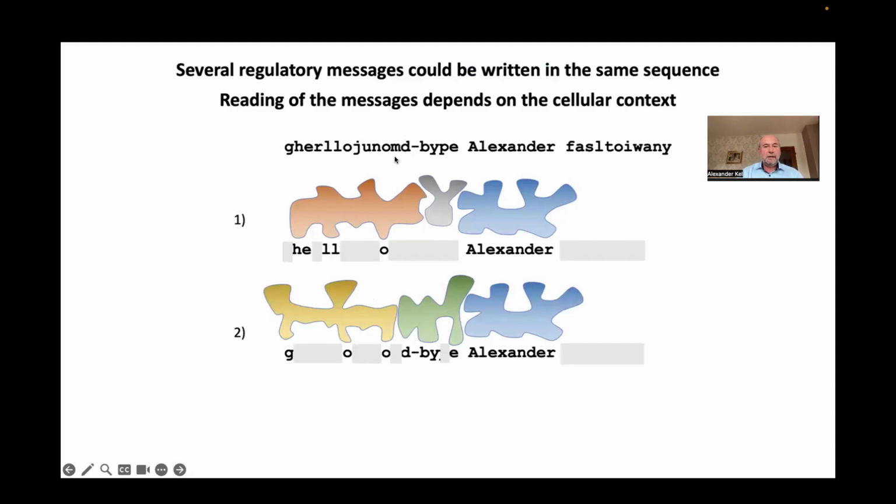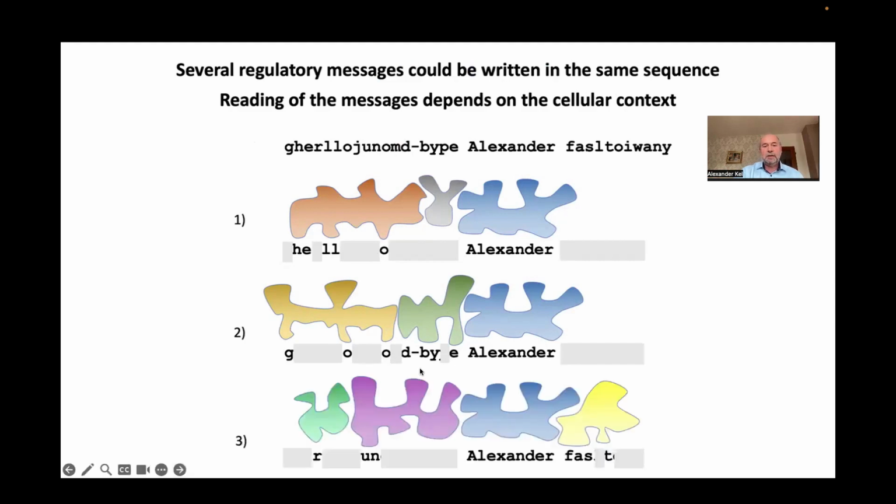Completely different things, like in our example, when RUNX can either activate the target or inhibit it, depending on the context. You can read the same letters either as a positive message, or you can read something completely else, like run Alexander fast, and you see that some letters are reused, but the chord which is played in that symphony is different.